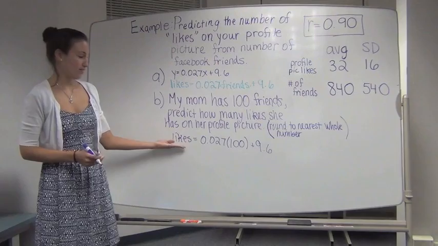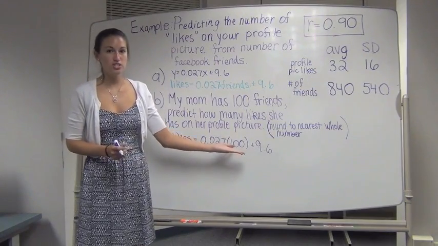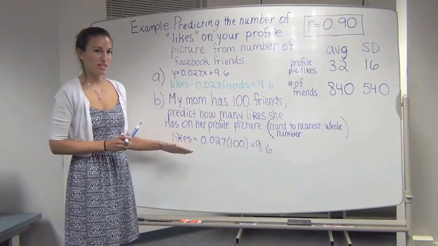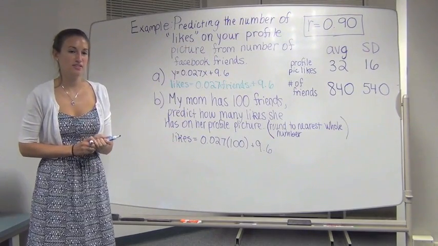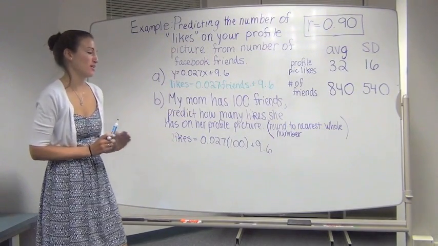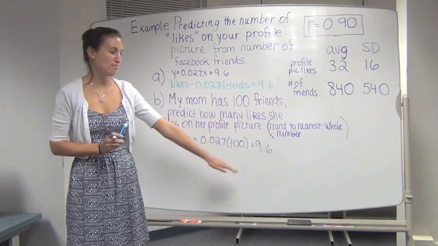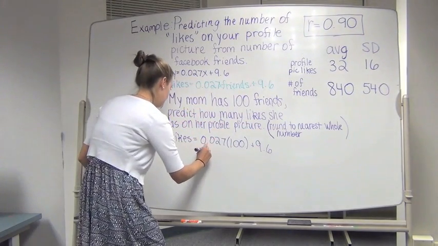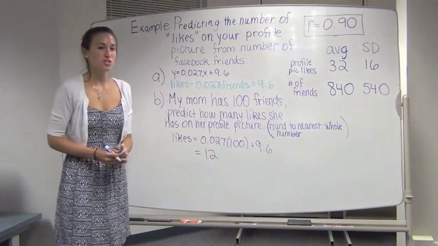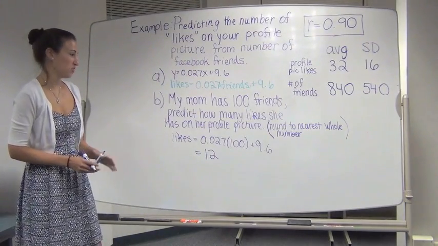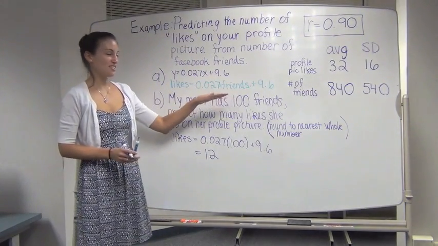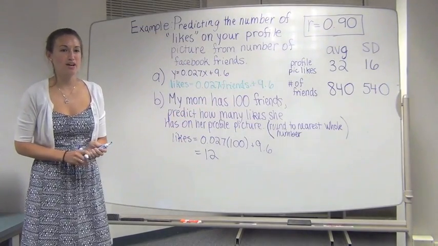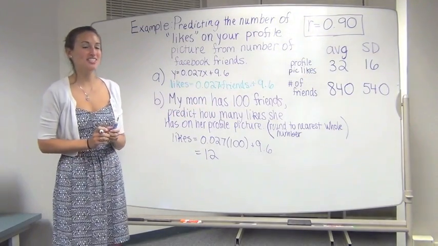So now we just have likes equals an equation that we can put into our calculator and solve. So what do I end up getting for likes? 12.3. And then if we round to the nearest whole number, what would that be? 12. So using our regression equation, we're predicting that if someone has 100 friends, they will have about 12 likes on their profile picture. Any questions?